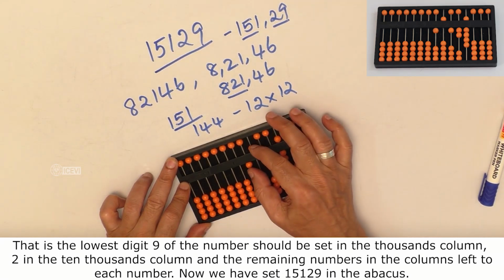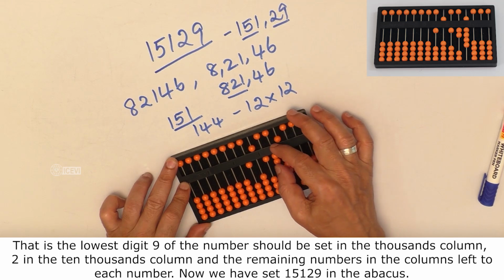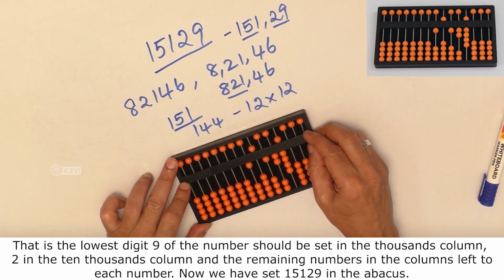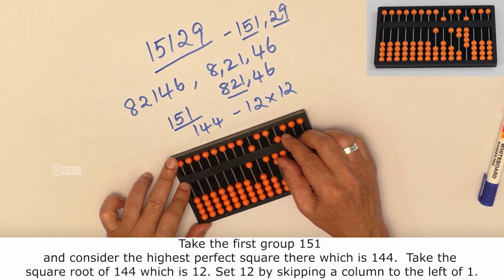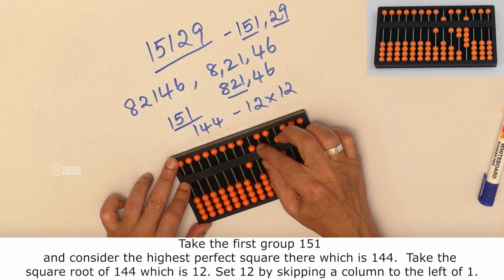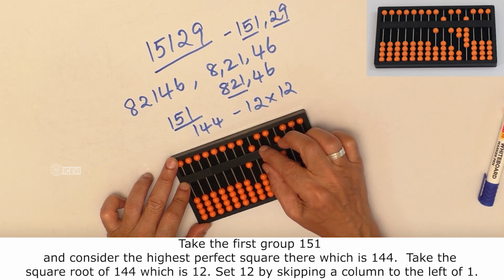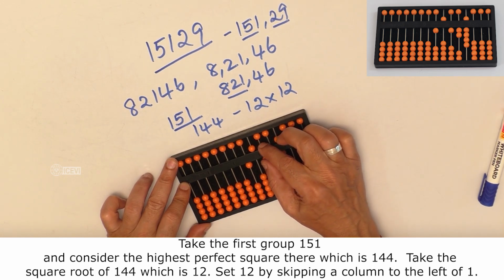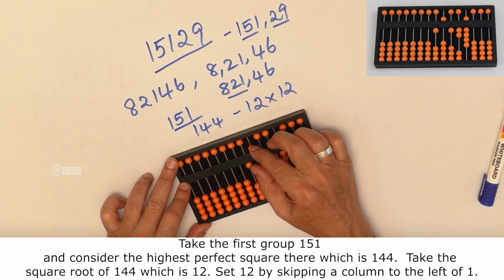Now we have set 15,129 in the abacus. Take the first group 151 and consider the highest perfect square there, which is 144. Take the square root of 144, which is 12.